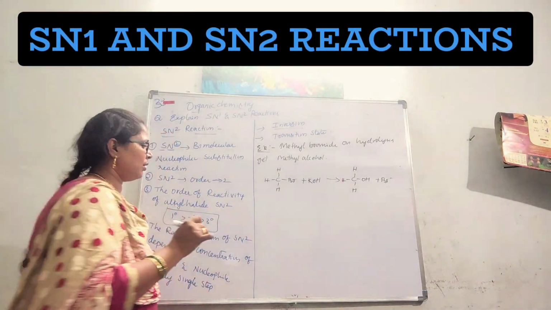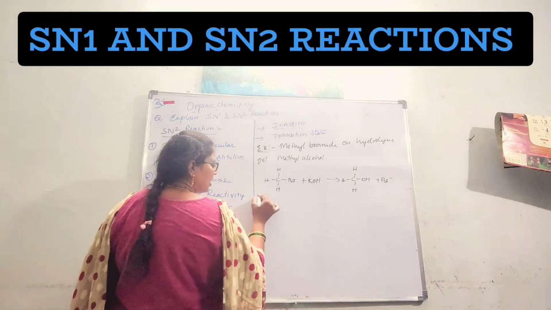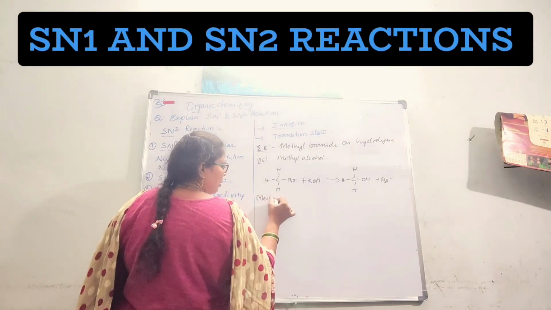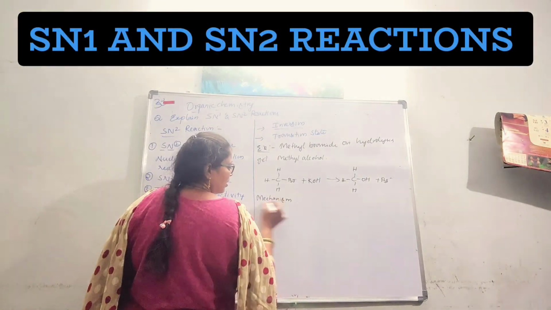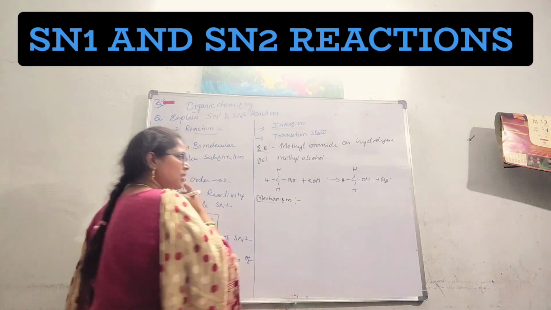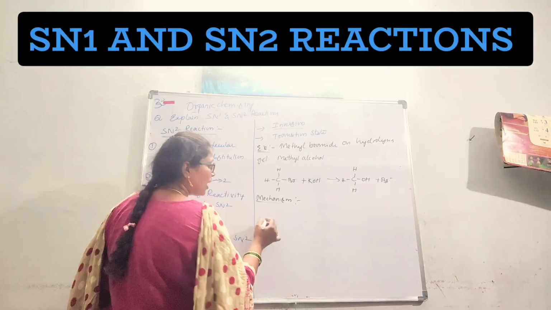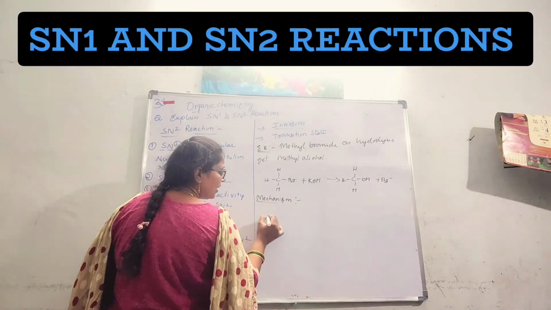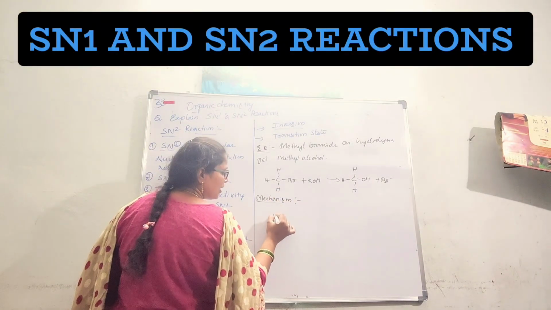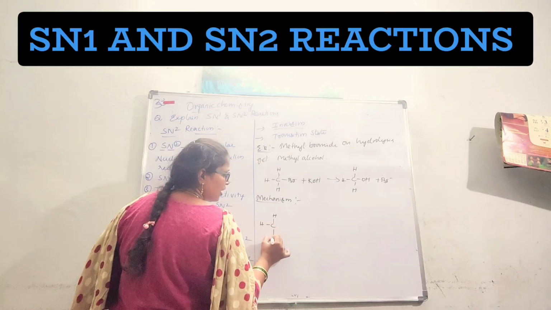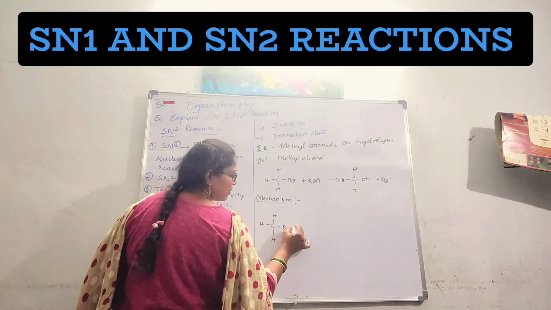If you have to explain the mechanism of this SN2 reaction, what is the mechanism? This will take place in only a single step, no? So this methyl bromide, CH3Br, is a primary alkyl halide.